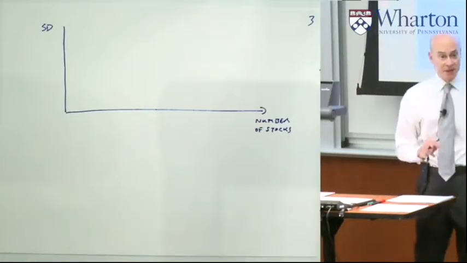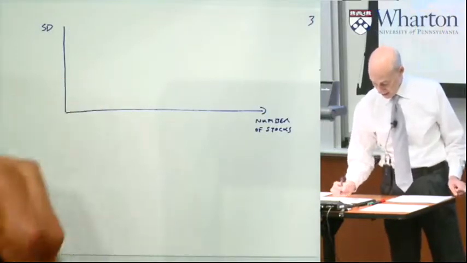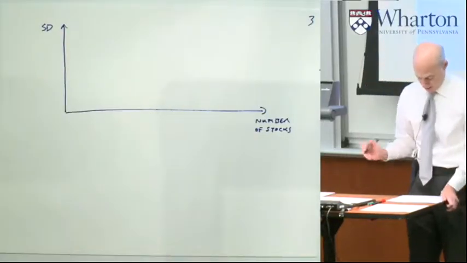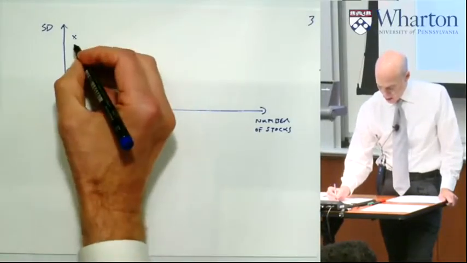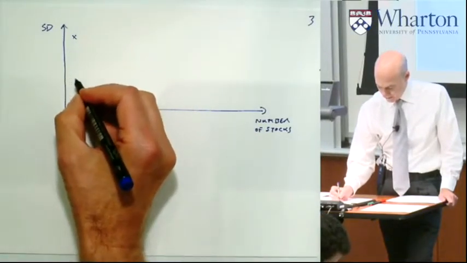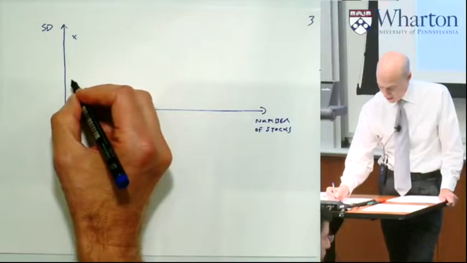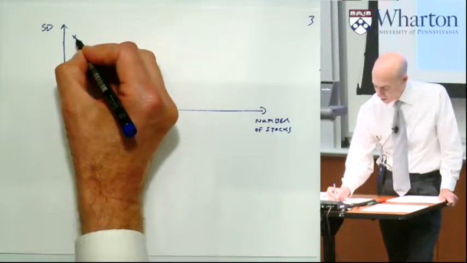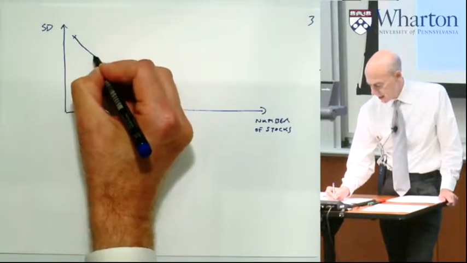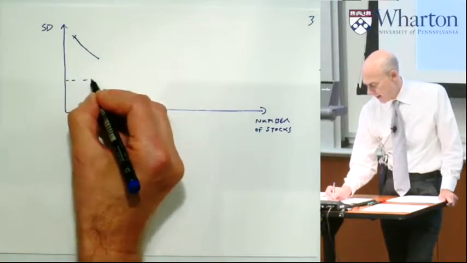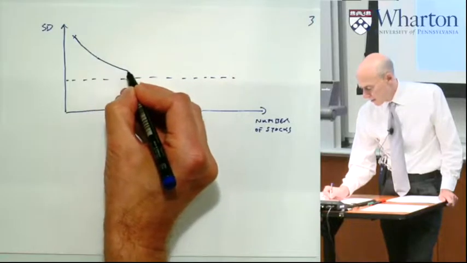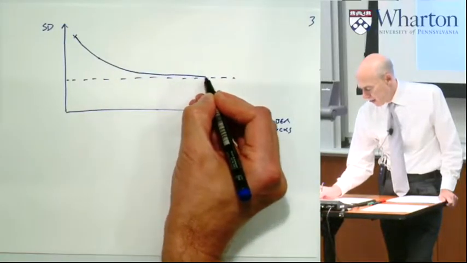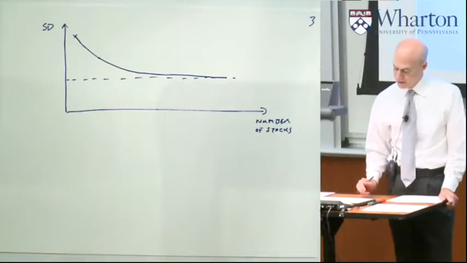If you just have one stock, let's suppose they're randomly chosen, you're going to have some unique risk and some market risk. Now, as you add more and more stocks, the unique risk gets diversified away, and what you end up with is the market risk.